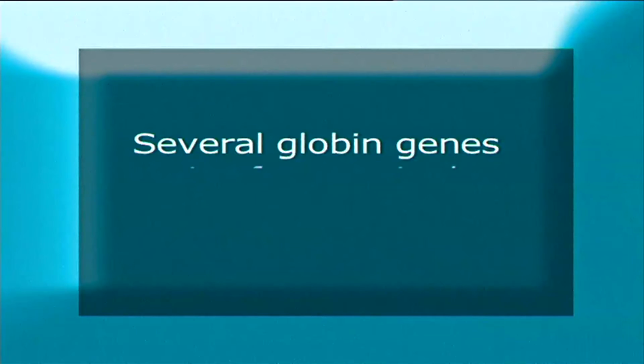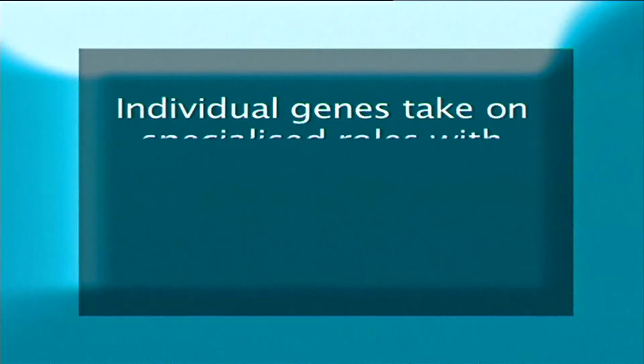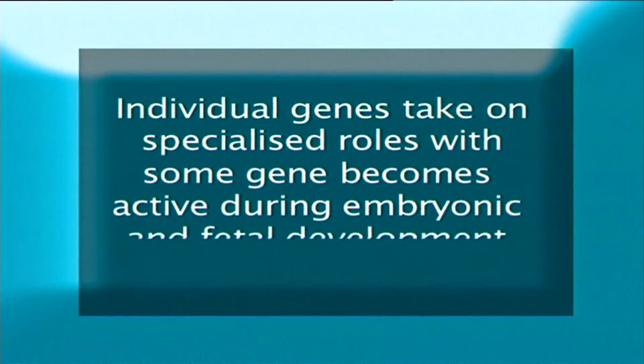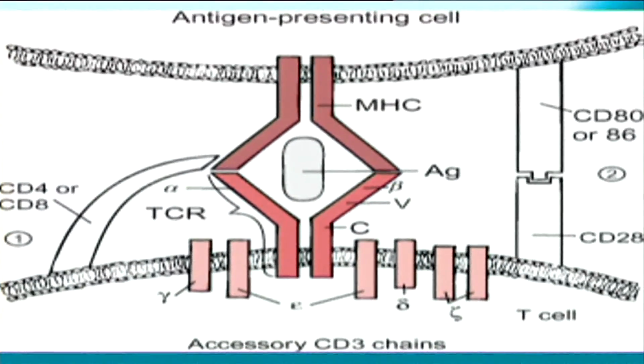Several globin genes arise from a single ancestral precursor, thus making individual genes available to take on specialized roles, with some genes becoming active during embryonic and fetal development, and others becoming active in the adult organism. Other examples include the immunologically important T cell receptors and antigens encoded by the major histocompatibility complex.